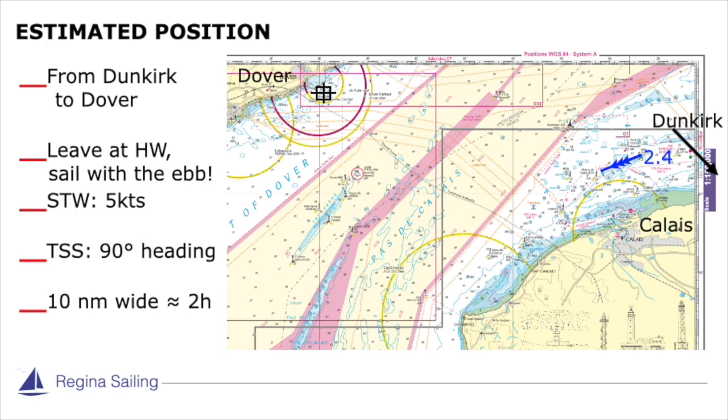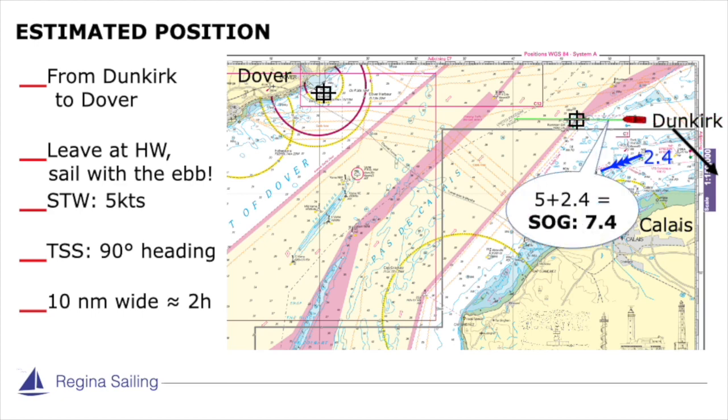So let's see how we can do this in a much smarter way. What we know is that if we put a waypoint here instead, and we then take a heading of 90 degrees here, and then calculate these 2 hours and check where we end up. 2 hours we go through water, and then we have 2 hours worth of current. So that's first 3.1 nautical miles in the first hour, 2.9 nautical miles in the second hour.